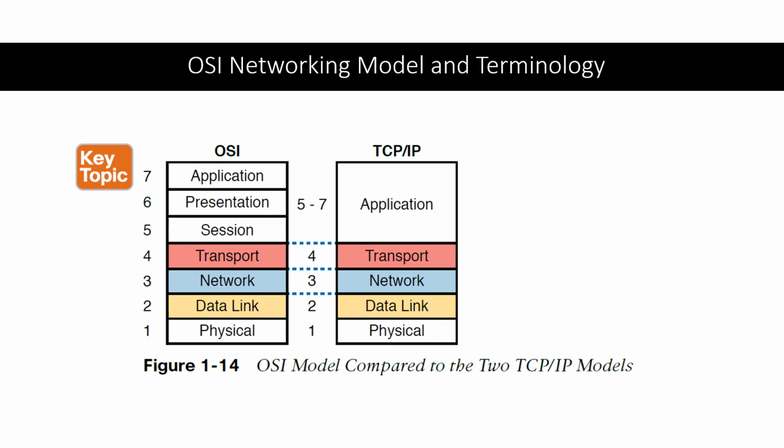How does it know? And so again, adjacent layer communication. We talk about encapsulation and de-encapsulation, and they work together in unison to say, hey, this is where this needs to go, or this is how this needs to go.